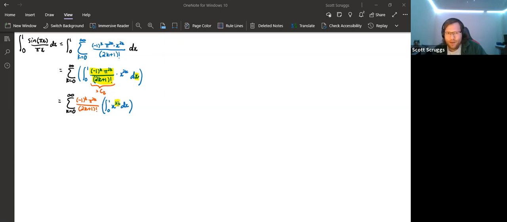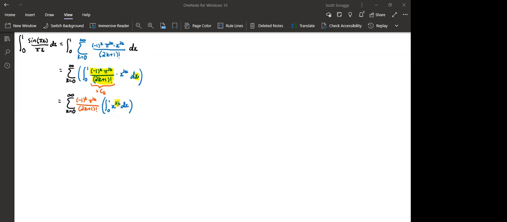So for that one in blue, ignoring the bounds right now, what will that antiderivative be? x to the 2k plus 1 over 2k plus 1.